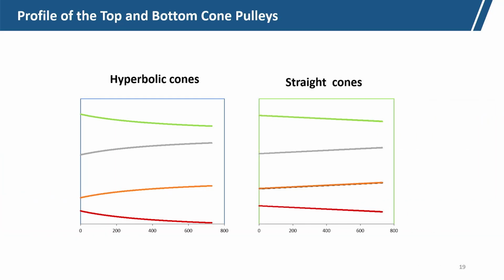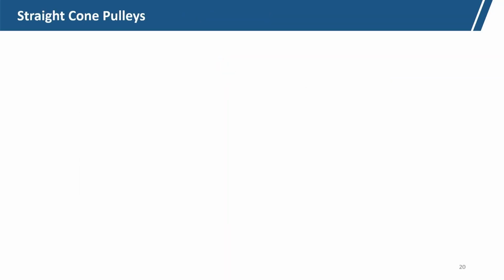So, these are the types of cone belt: the hyperbolic cone, which is not in use due to some technical problems, the design problem that we have discussed. Straight cones are nowadays used with the eccentric arrangement. Now, why do we use the straight cones?